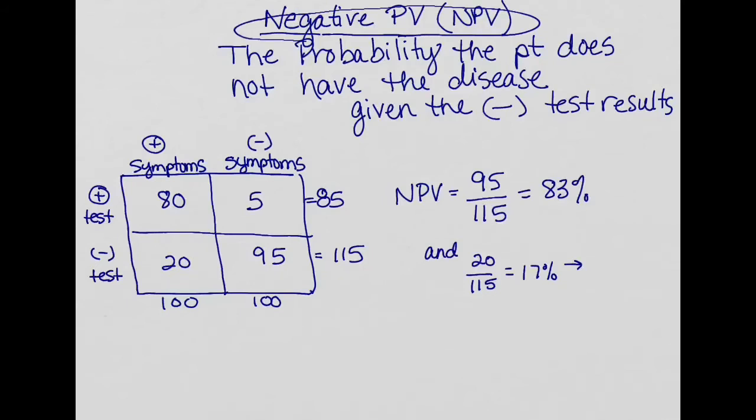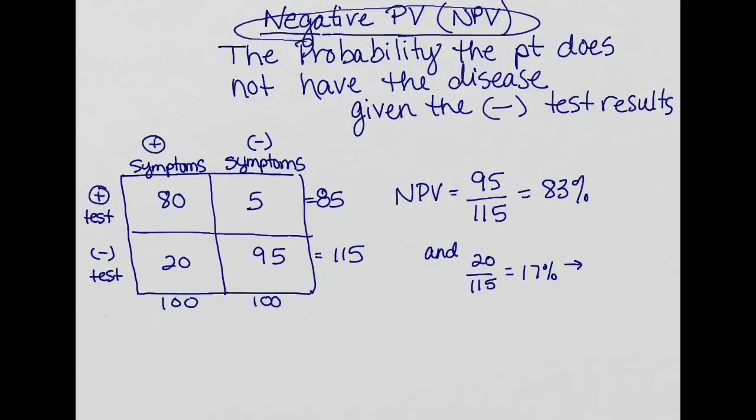What is negative predictive value? That's the probability the patient does not have the disease given the negative test results. Similarly to the last page, I set the exact same formula up. We have 80 patients that tested positive and they have flu symptoms.